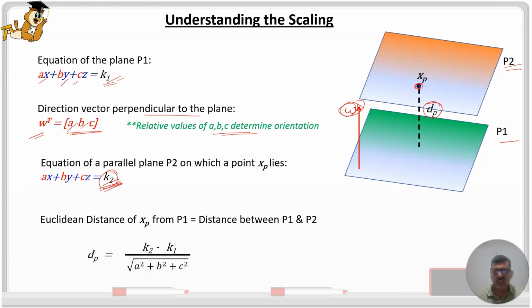The Euclidean distance of xp from P1, which is the same as the distance between P1 and P2, is given by dp equal to k2 minus k1 upon square root of a square plus b square plus c square. We know this, and the denominator is nothing but the norm of the vector w, right? So this is coordinate geometry that we are well aware of.